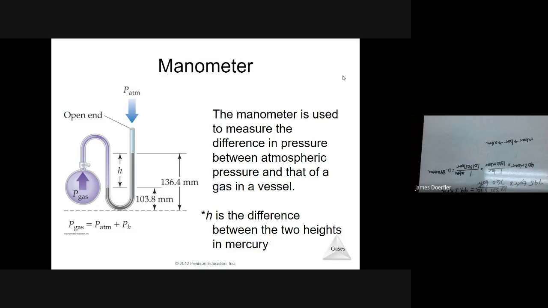H is simply the difference between the height on one side to the height on the other of mercury. Measuring from the bottom of this U-tube to one side, we have 103.8 millimeters. Measuring from the bottom of the tube to the height of the other side, we have 136.4 millimeters. To get the H value, we simply subtract these two heights.